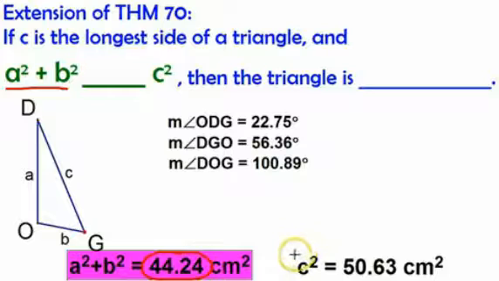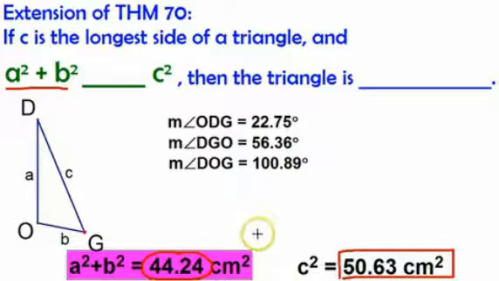And C squared, the longest side of the triangle, is 50.63. So the relationship you see here is the sum is strictly less than C squared.